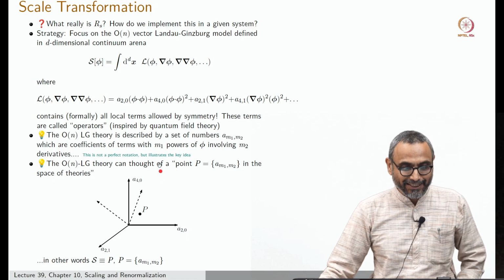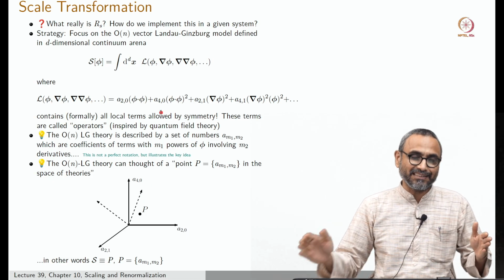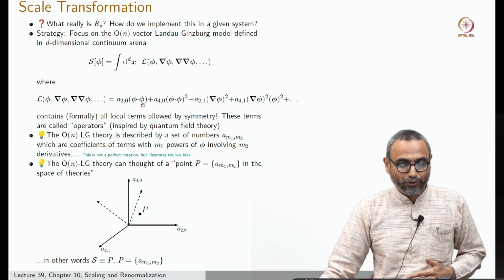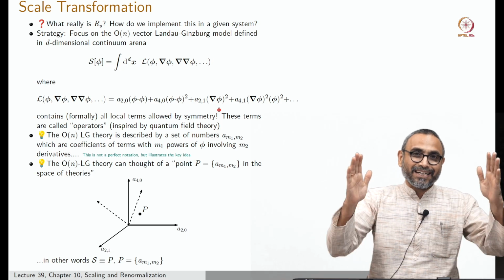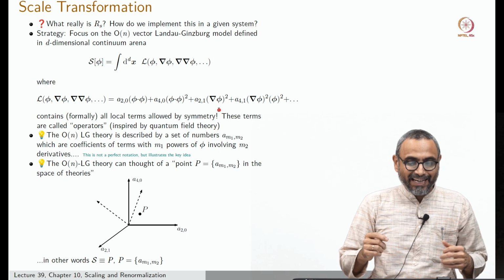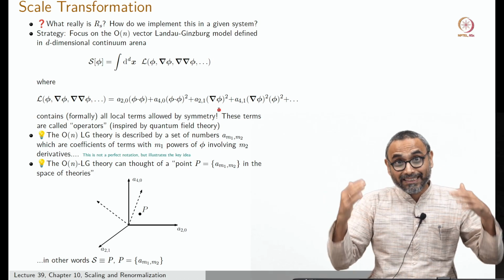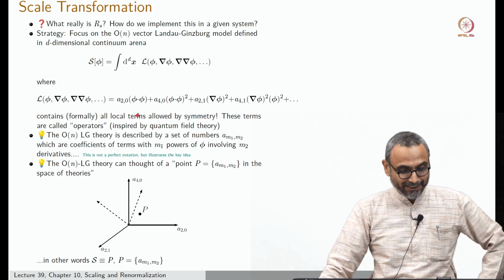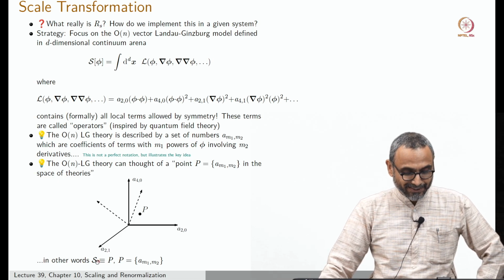So you find a way to organize this series for the Lagrangian density, and you come up with some nice nomenclature for these coefficients, and you can collect them in some tuple if you wish, and that defines a point in some very high dimensional space, and that point P now describes the action.